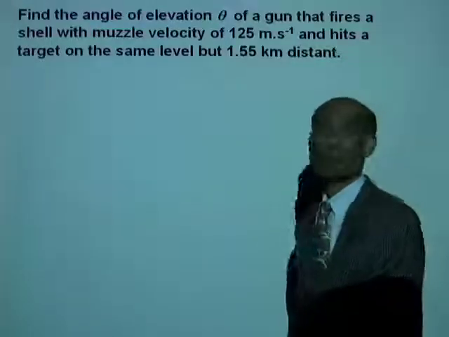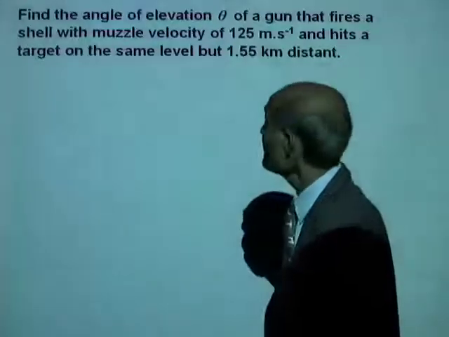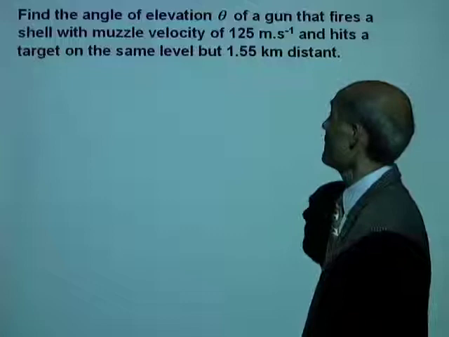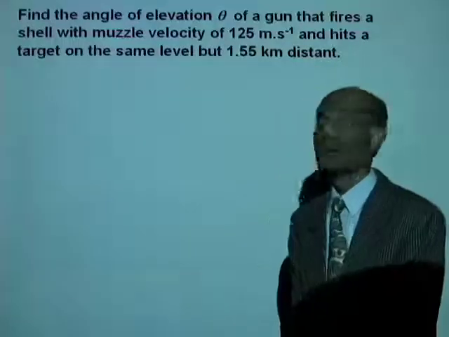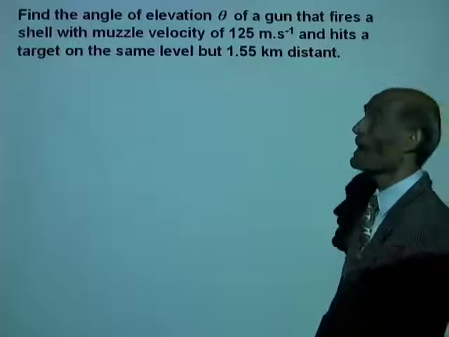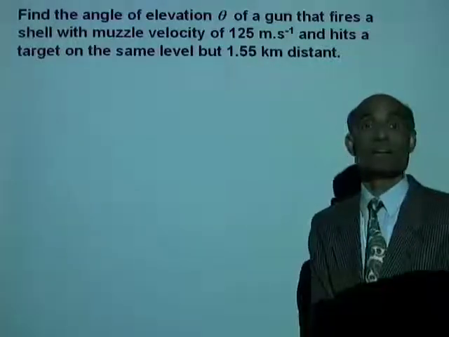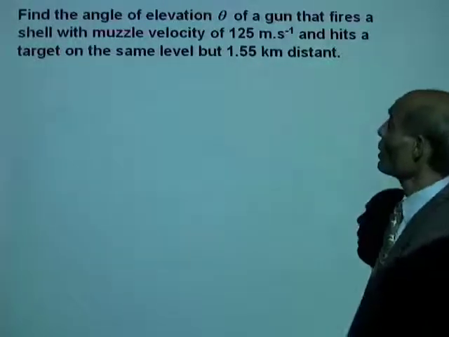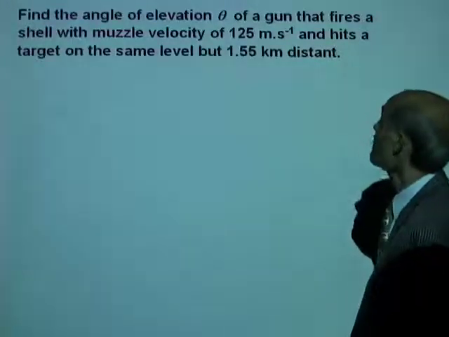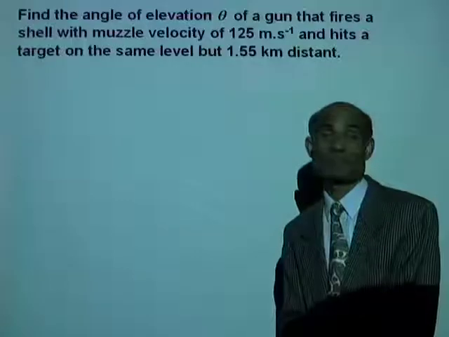Okay, another problem. Find the angle of elevation theta of a gun that fires a shell with a muzzle velocity of 125 meters per second and hits a target on the same level but 1.55 kilometer distance.